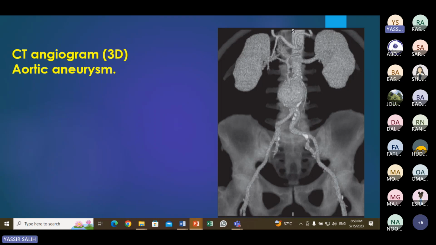This is 3D CT angiogram. What striking abnormality do you see? Dilatation of the artery. Which artery is dilated? You are right. Abdominal aorta. At which level?